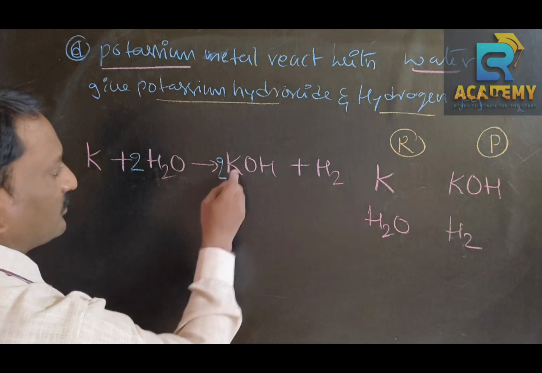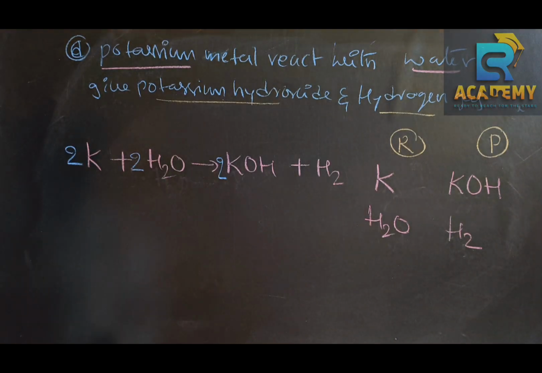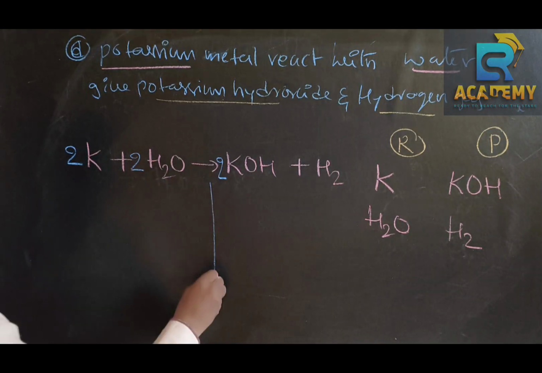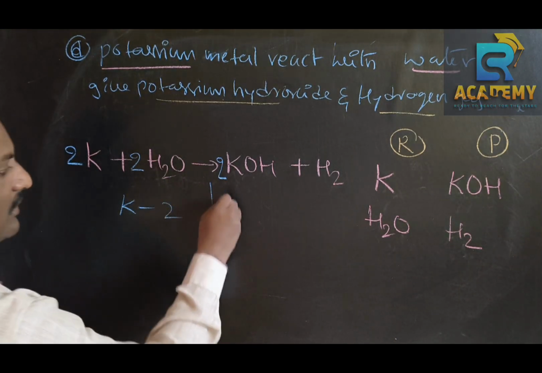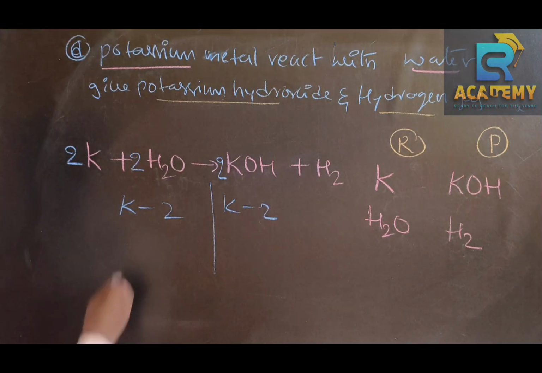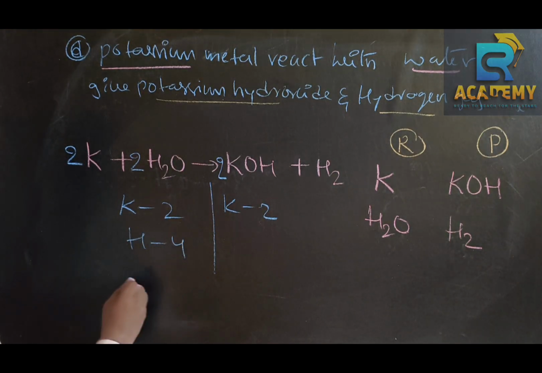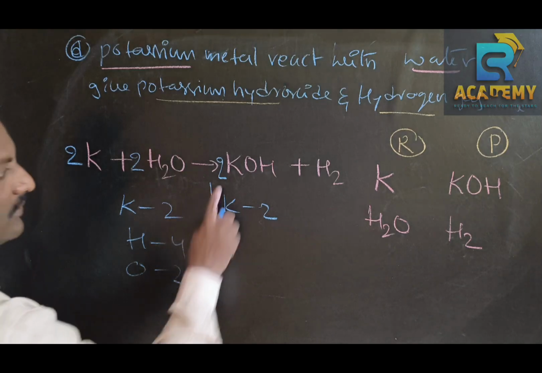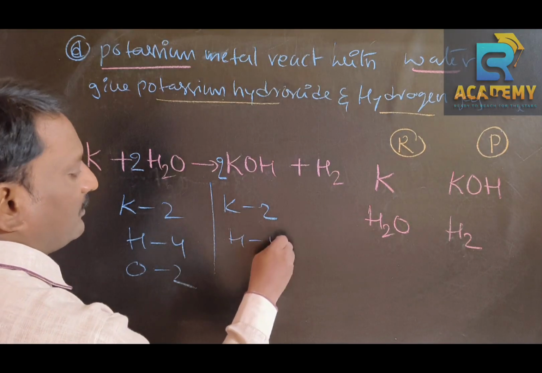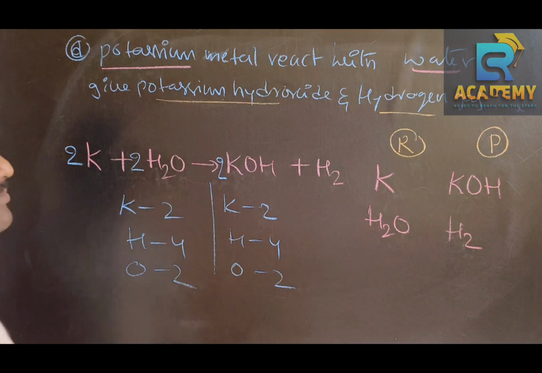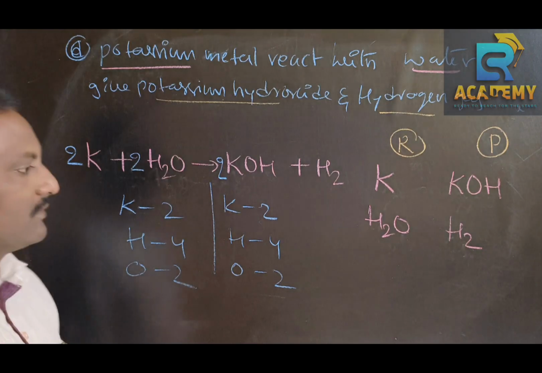The hydrogen becomes 2, potassium 2. So this is a balanced chemical equation. Potassium 2, here potassium 2. Hydrogens are 4, oxygens are 2. Hydrogens are 4 and oxygens are 2. It's a balanced chemical equation. Make a note.